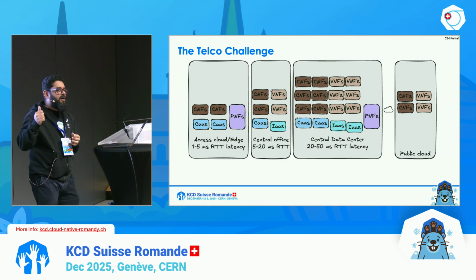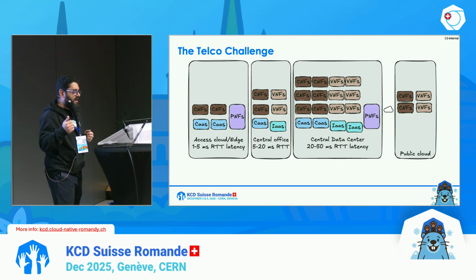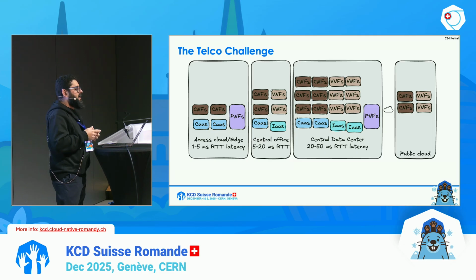I'm going to talk a bit about the telco challenge that we have had over a long period of time. Unlike a single data center, telco infrastructure is spanning from central clouds to more aggregation sites and even far edge locations.